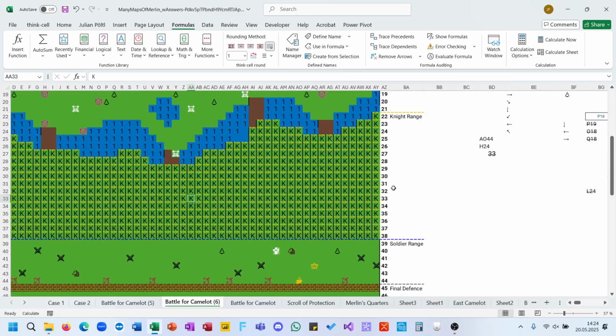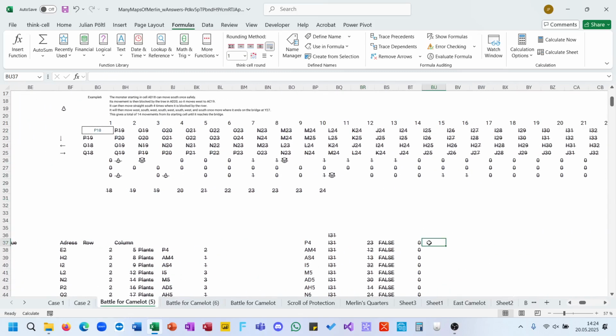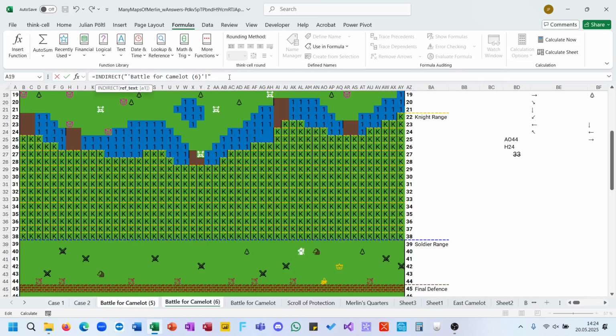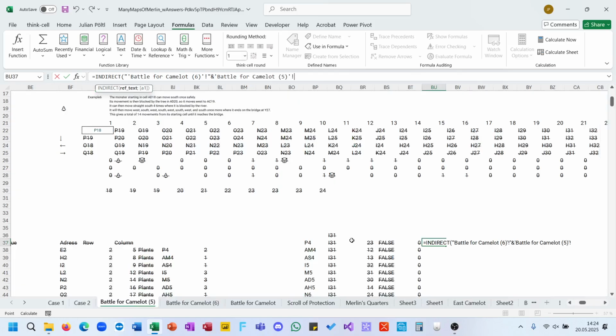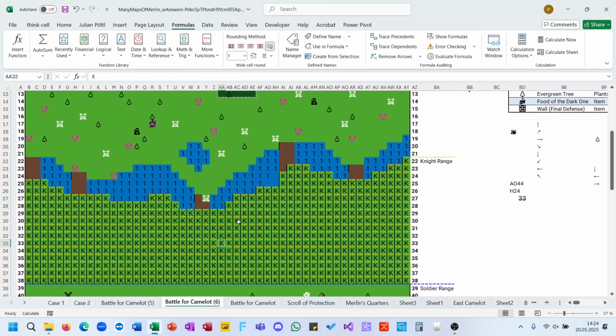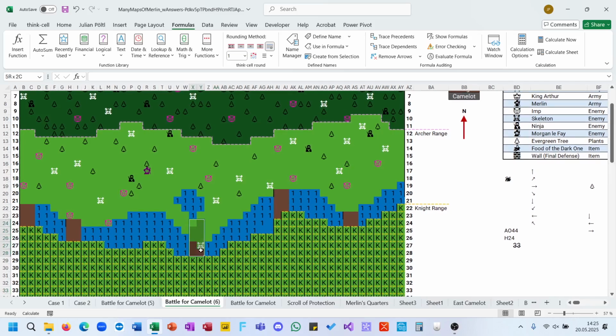Okay, and then I need an indirect of those in here, and the ending cells here. Here's a ninja. I don't like to have the ninja. And then here everything else is in archer range.